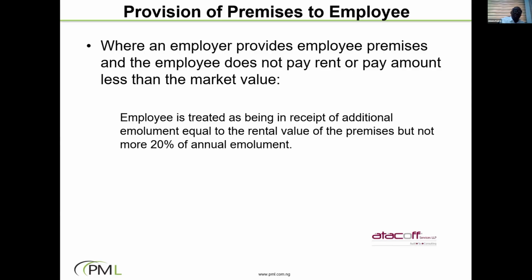So you work it out, be sure that not more than 20% is added to arrive at the total income of such personnel that will be subjected to tax. So that element will now be taxed going forward. Two things have been mentioned: the car, the company assets, and the premises.